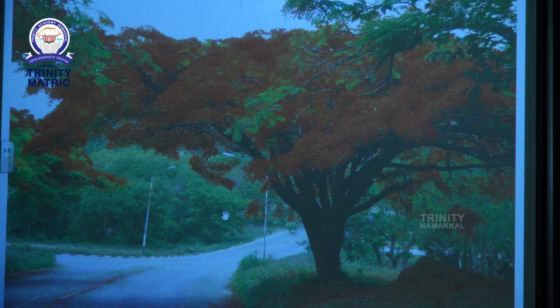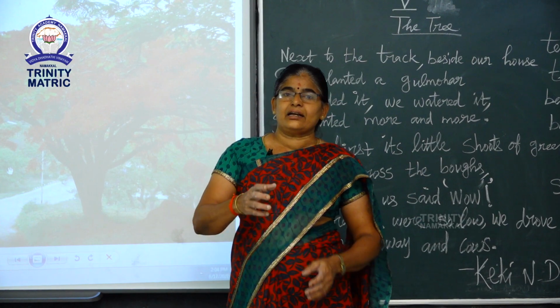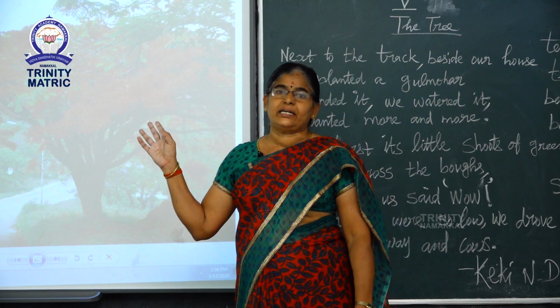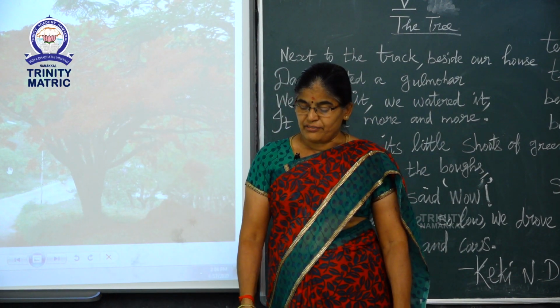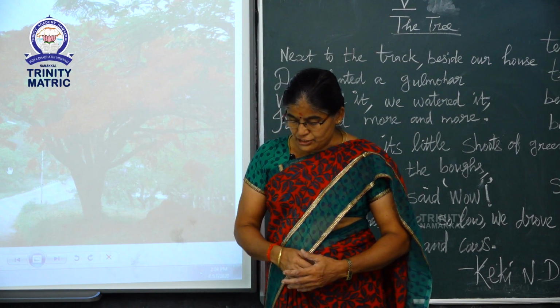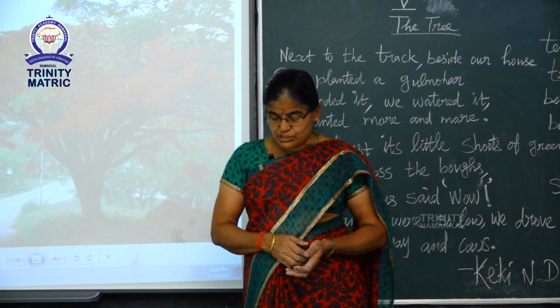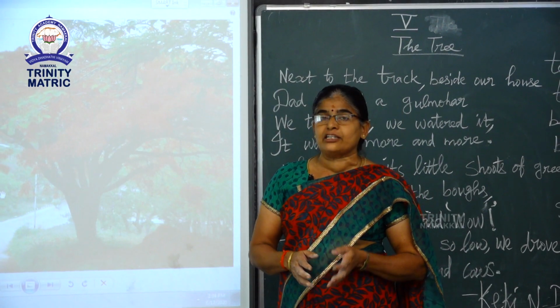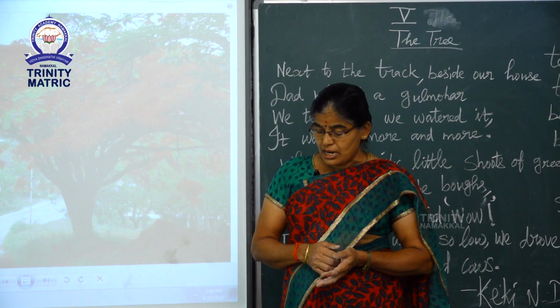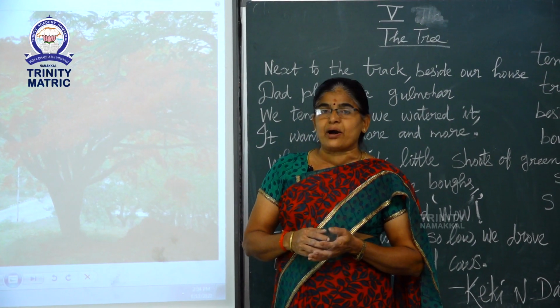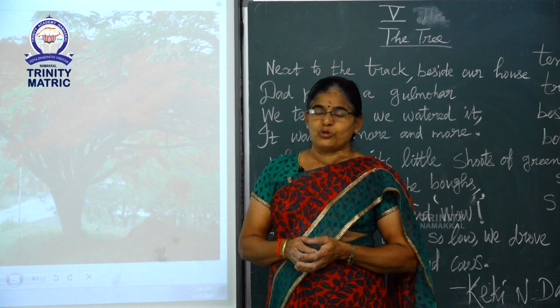You can find the tree in many parks, on roadsides, and even at your homes. See children, I have shown you that Gulmohar tree. Another name is flamboyant. It is widely cultivated for its showy scarlet flowers. It is one of the most beautiful trees found in parks, on street sides, and at homes.